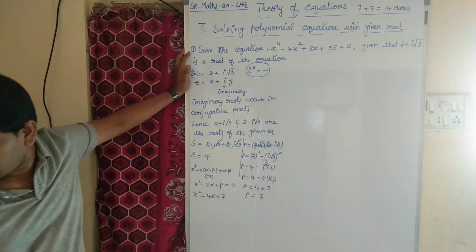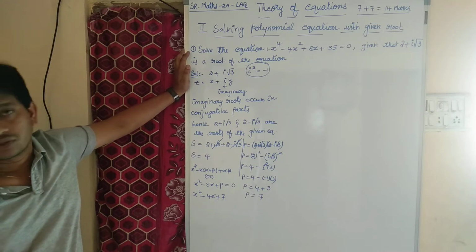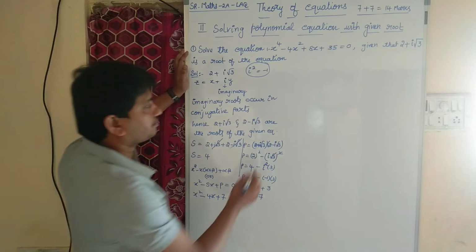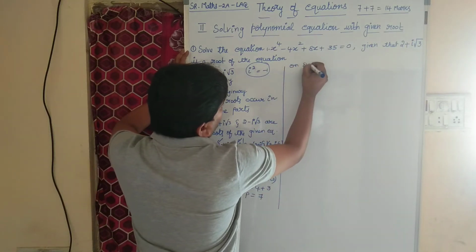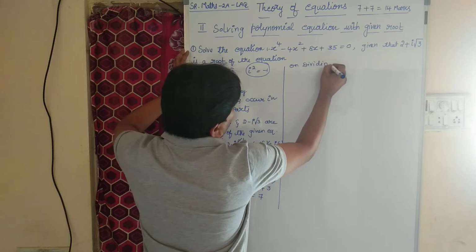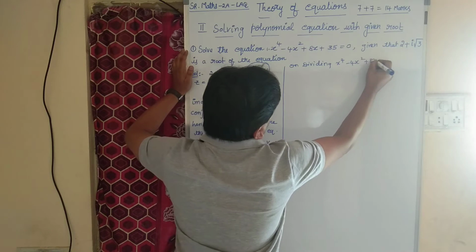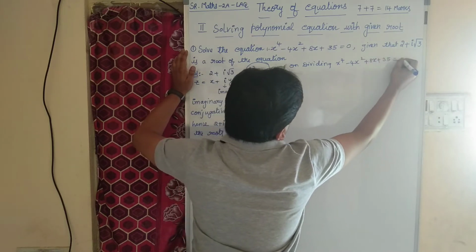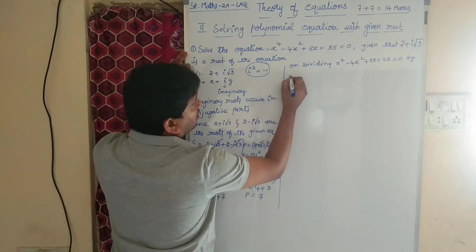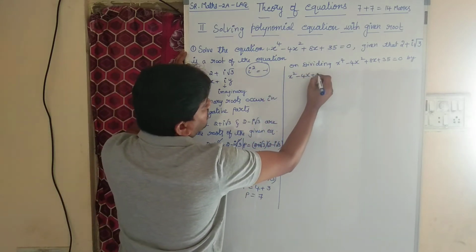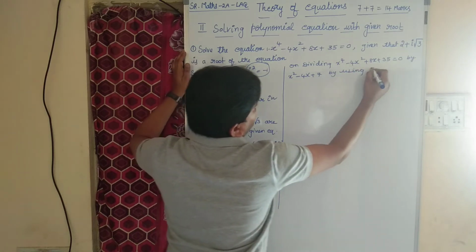So what is the quadratic polynomial, children? x square minus 4x plus 7. Okay. So divide x power 4 minus 4x square plus 8x plus 35 by x square minus 4x plus 7 by using synthetic division.